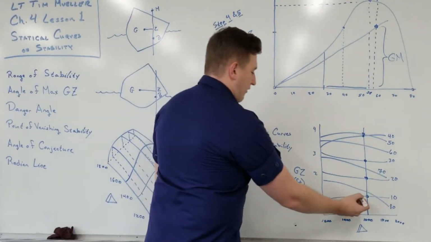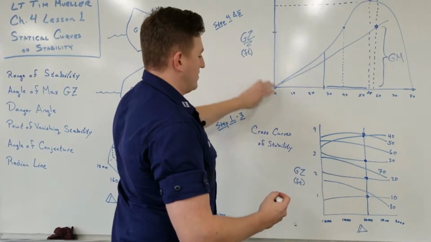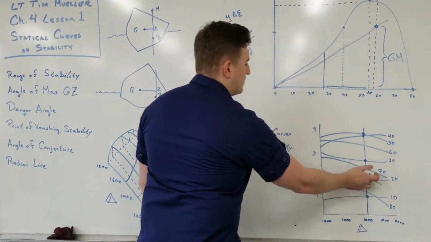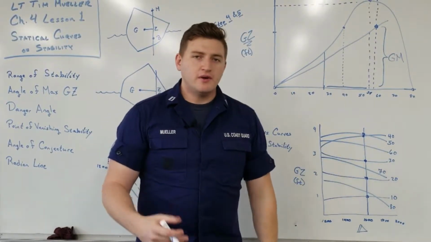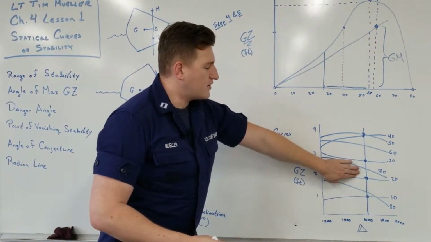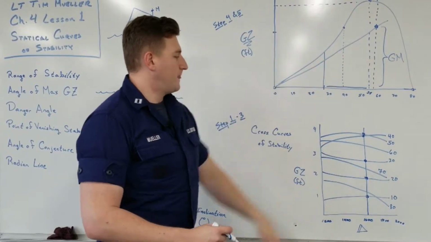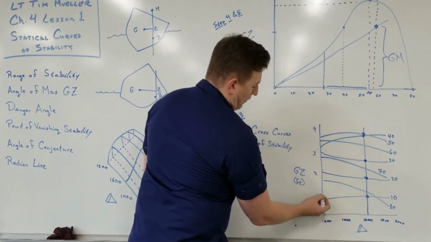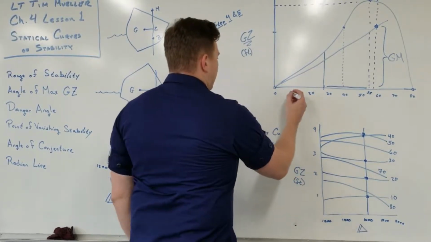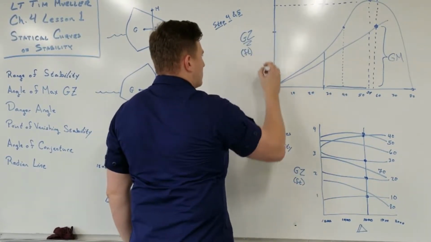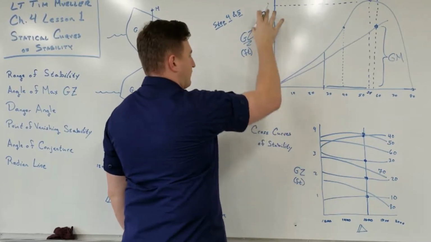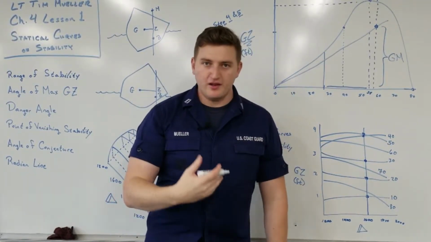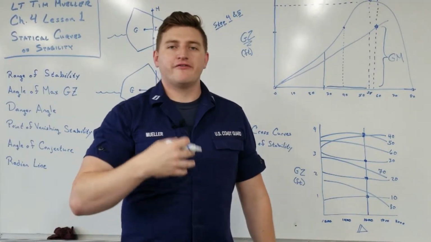So all we do is take the information from these dots and translate it here. At 10 degrees it's about 1 foot, so we find where 1 is on this vertical axis, and then draw a point there. Then we go to 20, then 30, 40, 50, and so on, and we would finish that graph.